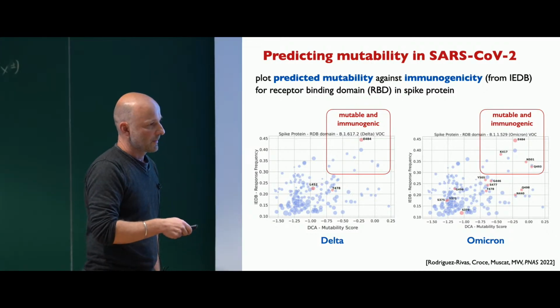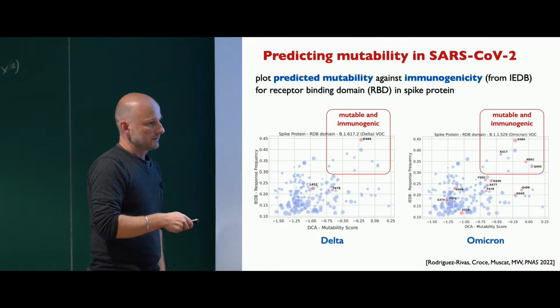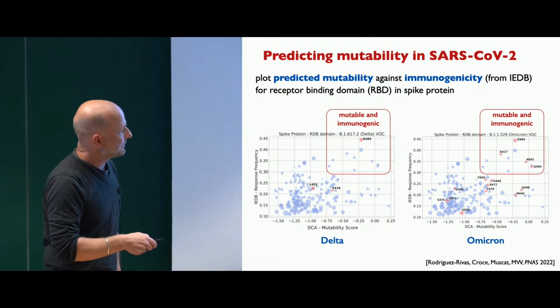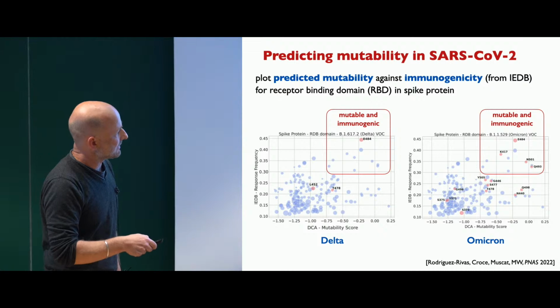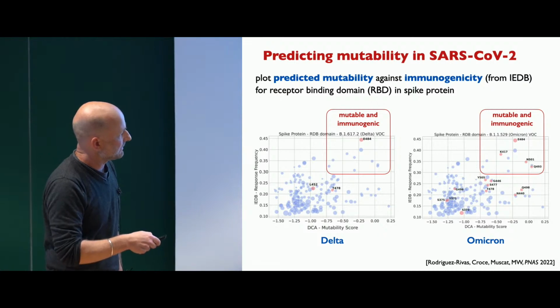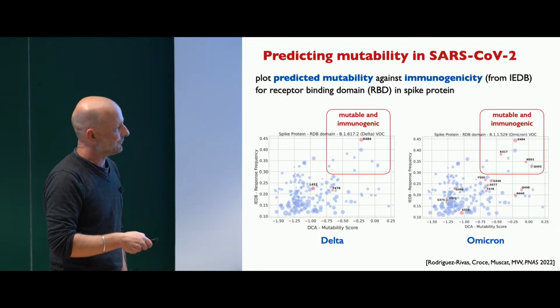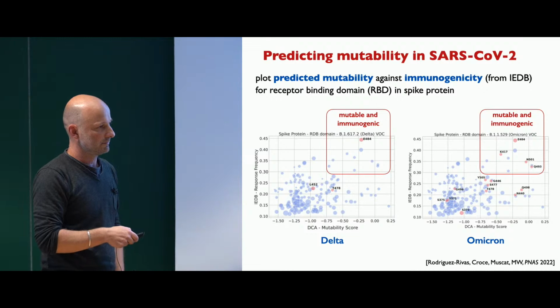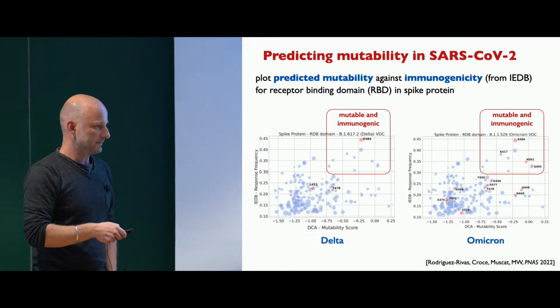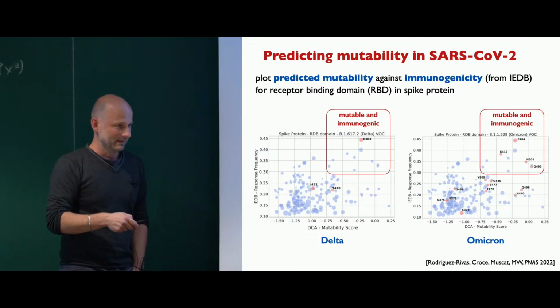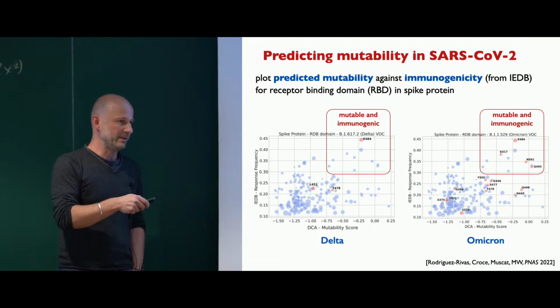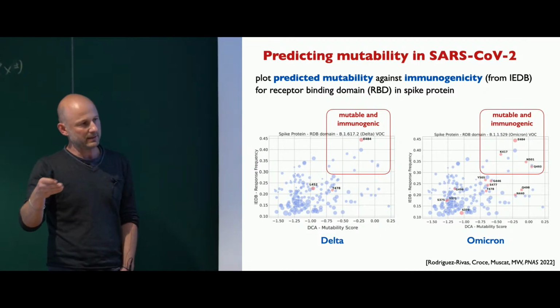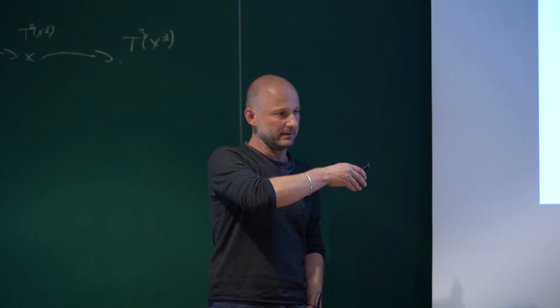So you don't like the red points which are not in your red square? So I don't, but this is, for instance, look at this one here, 331, 333, 335. They are very close to each other, and we are kind of bad at predicting them. But our models, we have very bad data, and maybe there are some mutations which might appear but which are not seen in the data.